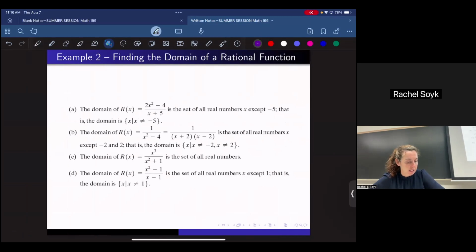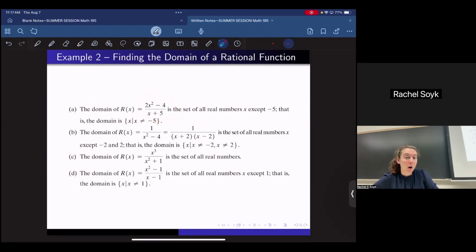We have example 2. I don't know if this is a question or they just give you all of the answers. Yeah, this is just running through a bunch of different examples. So if we were to look at the rational function 2x² - 4 over x + 5, what's the domain here?